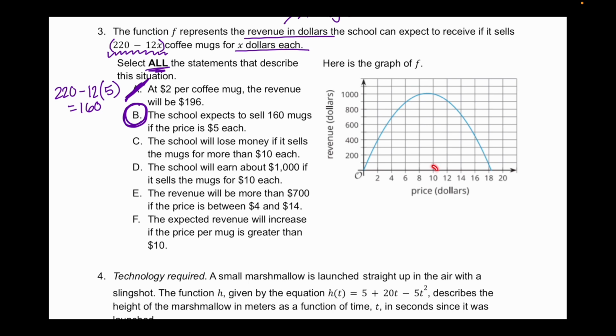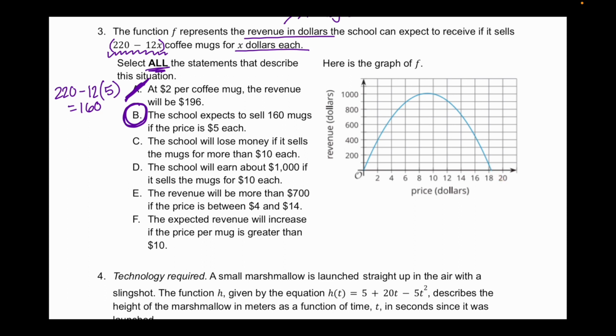So $10 each, if we follow that up here, this is not really what I would consider losing money. After this, yes, the amount of money they earn goes down, but it's still not losing money. Losing money would be where it's like negative. So I would say that this one is not true.